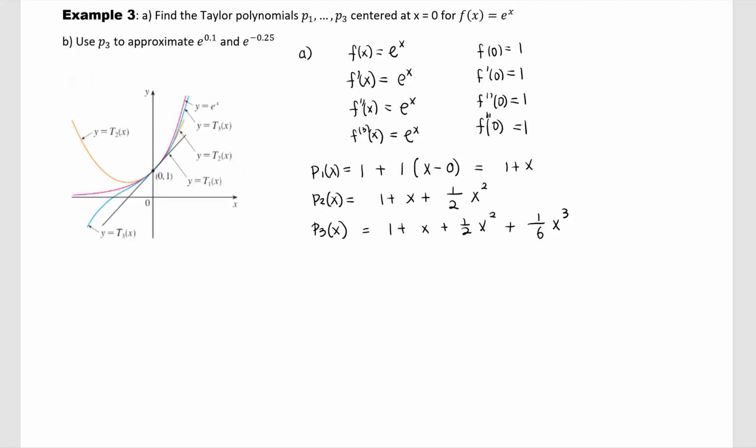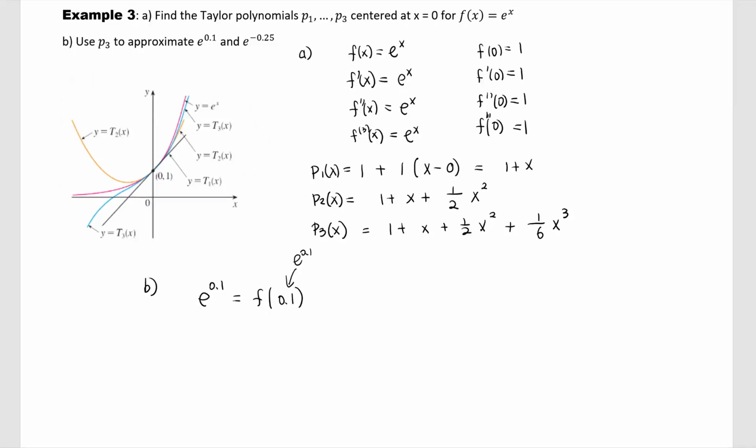Okay, so if we increase the power, the terms of the Taylor polynomials, we actually get a closer and closer approximation. Okay, let's continue. Look at part B. Use P3 to approximate e to the 0.1. This is f of what? x is 0.1. A typical error is sometimes students plug in e to the 0.1 here.